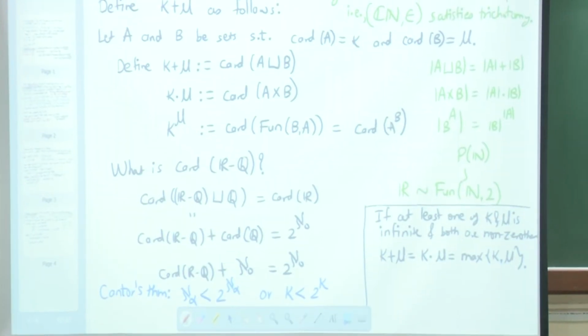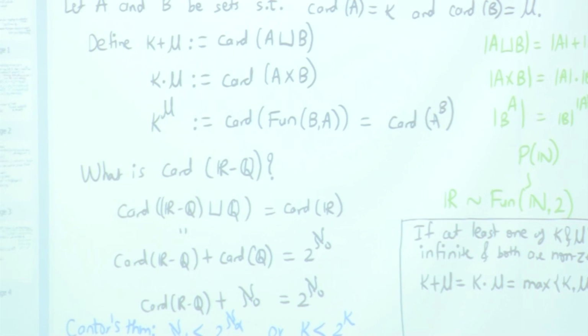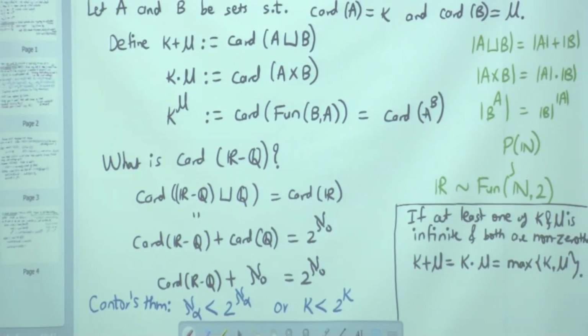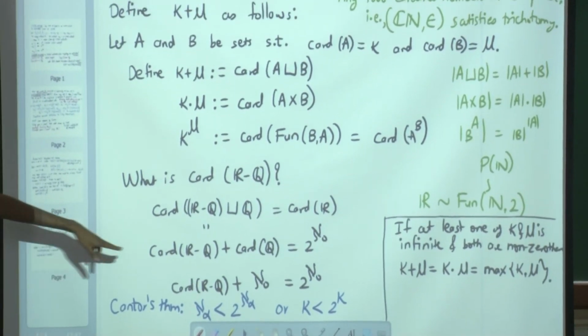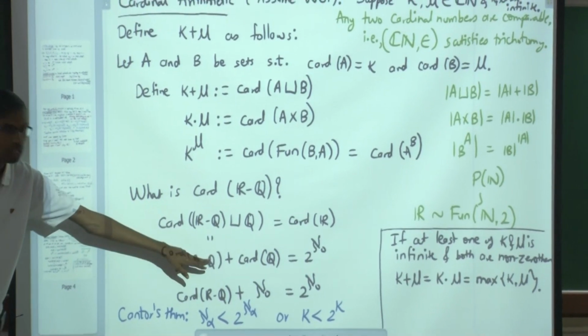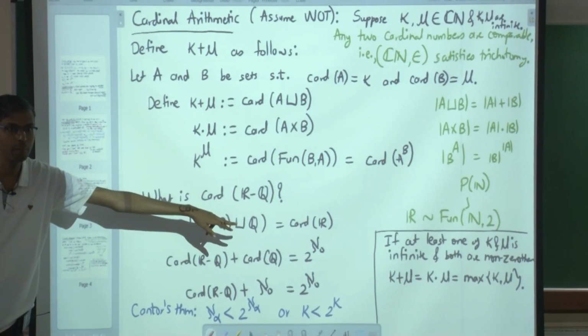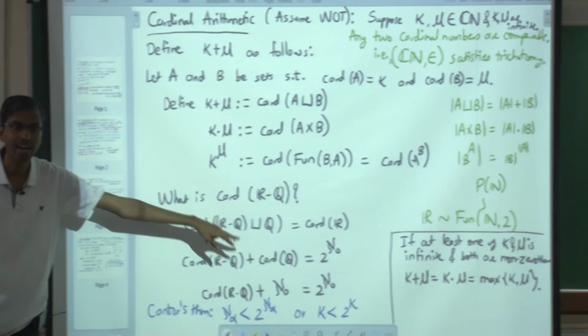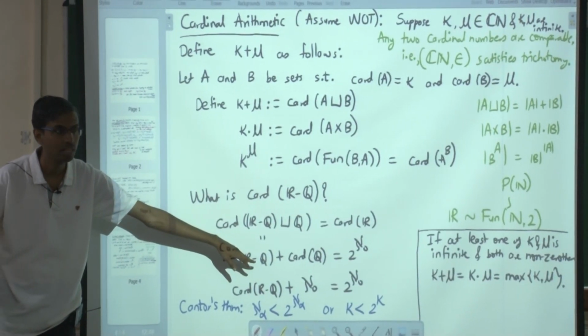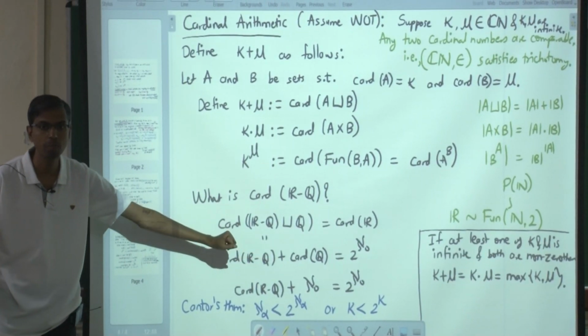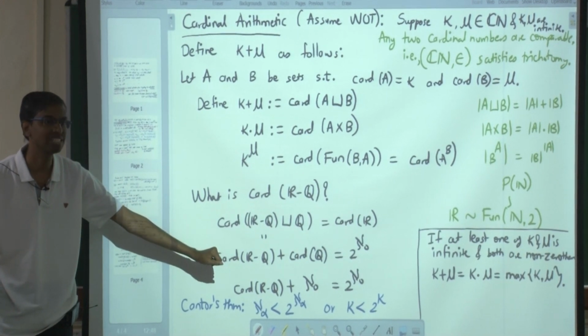Now what can you say about the cardinality of R minus Q? Q and R minus Q are both infinite, so that observation applies. The cardinality of the sum of them is going to be their maximum.